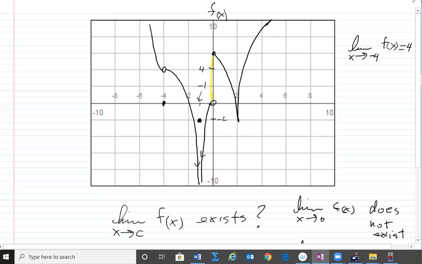So it exists, even though you see there's a hole here and the point drops down. Notice that for this value, we also see that f of -4 equals 4. I'm sorry, 0.